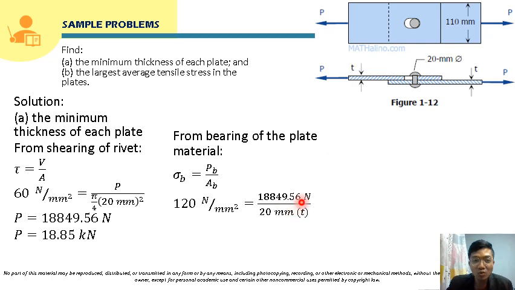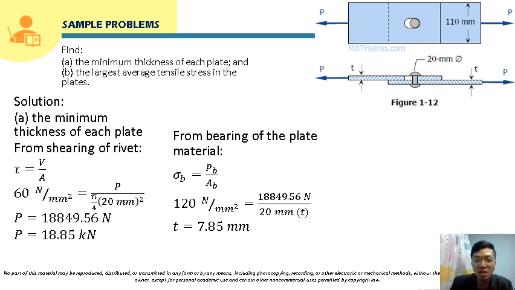This is what we are solving here, the thickness of the plate, since this is the only unknown, right? Solving for this will just be 18,849.56 divided by 120 times 20. So the thickness will be 7.85 millimeters.